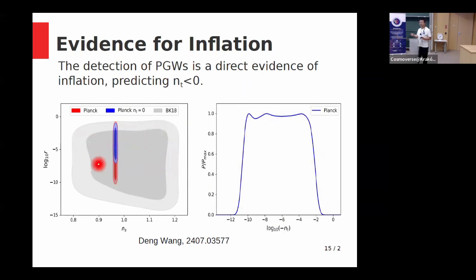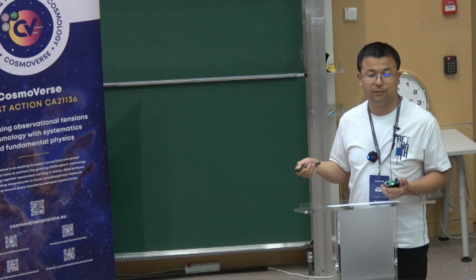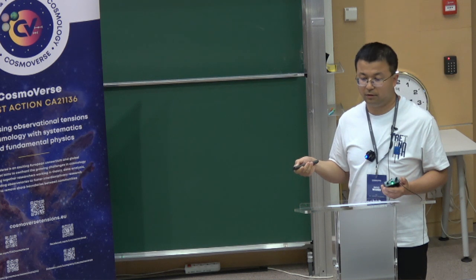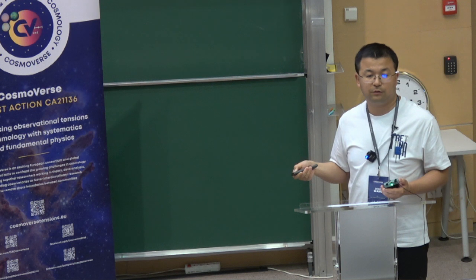And here I show the Planck constraints. And when fixing nT, the tensor spectral index, to 0, we can observe this constraint is tightened by several orders. And also, if we let the other 6 parameters in lambda CDM free, we will also observe a similar signal in BK18 data.